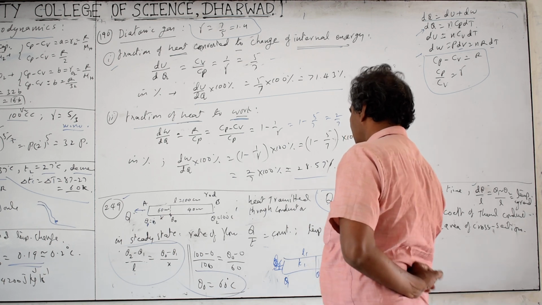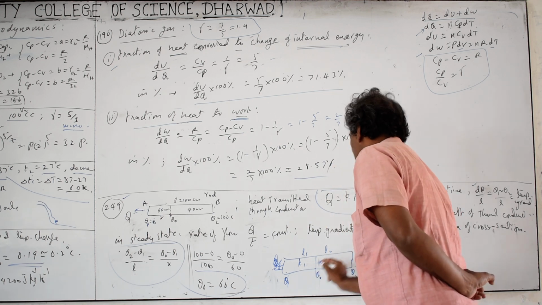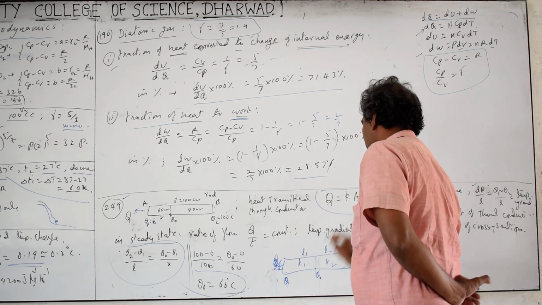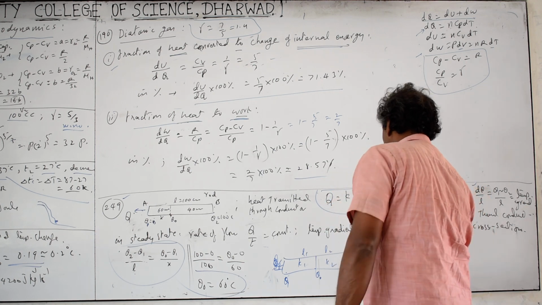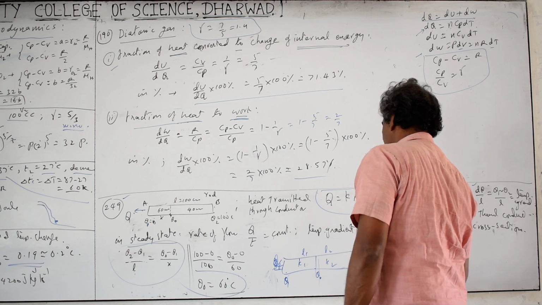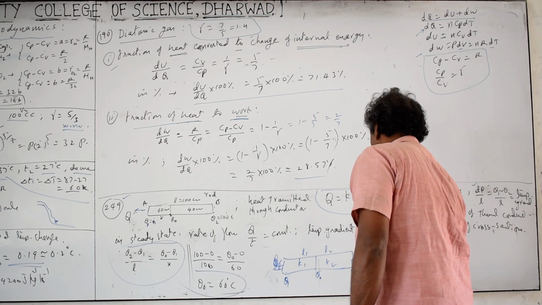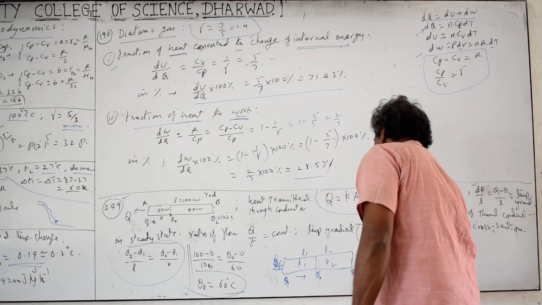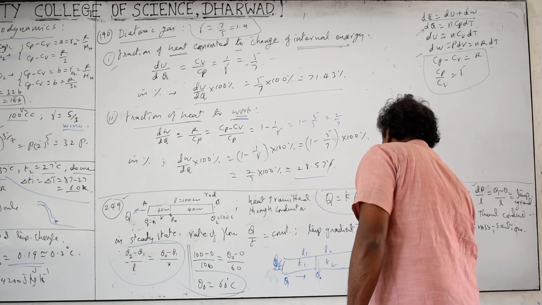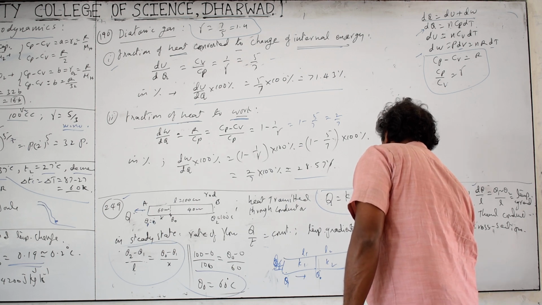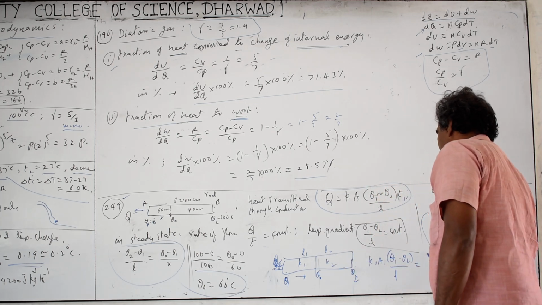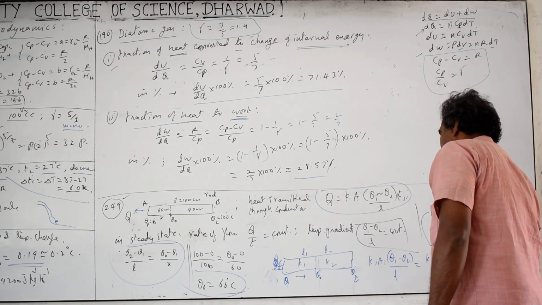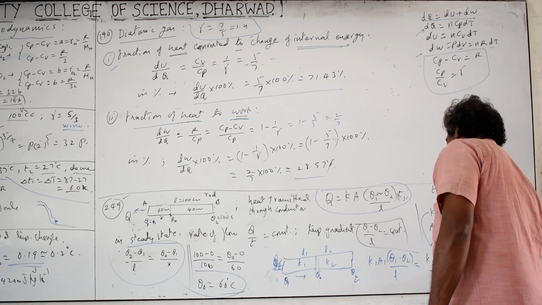K1 and K2 are different, but the area of cross section is the same. Q by T constant means K1 A1 into (theta 1 minus theta naught) by L1 equals the heat transmitted to the second conductor, K2 A2 into (theta naught minus theta 2) by L2.